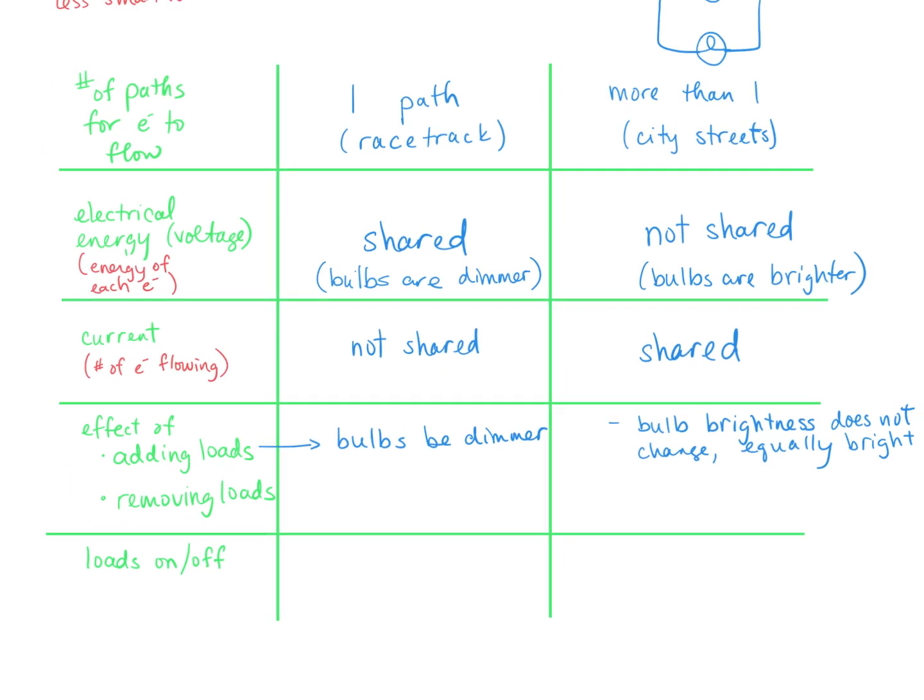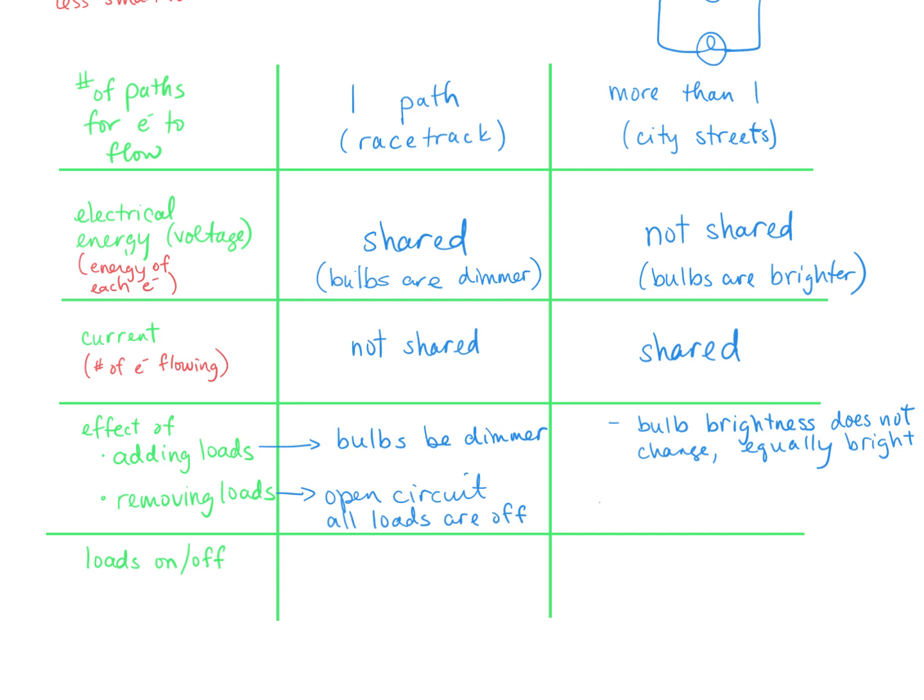So let's go back here and just recognize now that if you remove loads here, you open the circuit and all loads are off, or the bulbs are not lit.